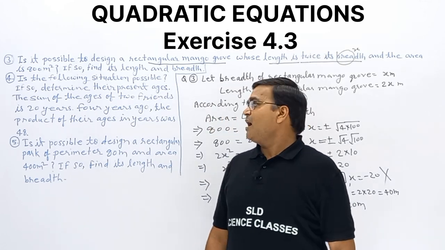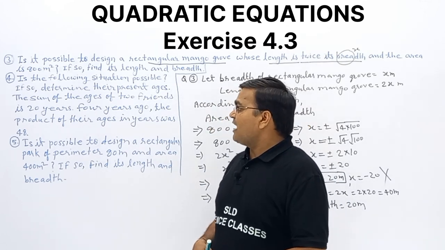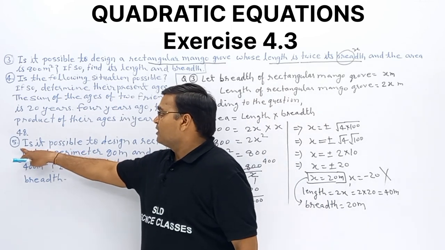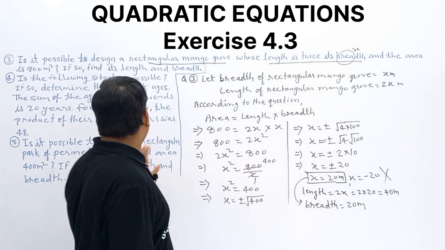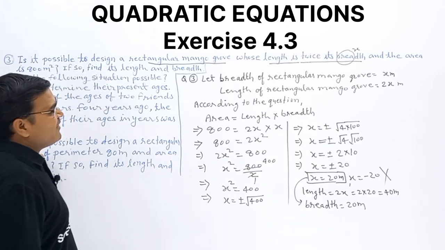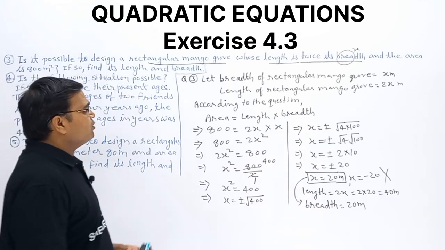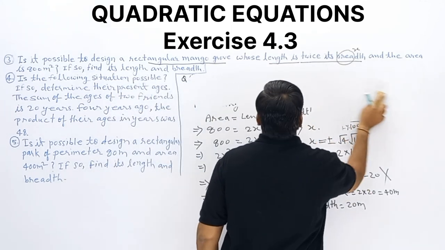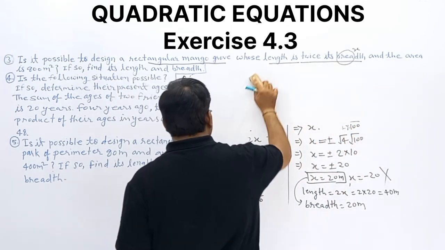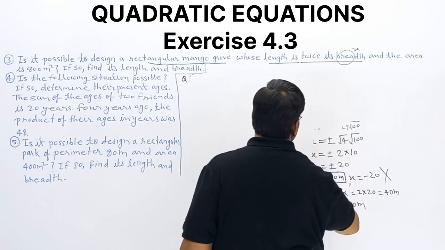Clear? Now I am taking the last question, number 5. Then we will discuss question number 4. Why? Because it is similar to this one, so I am taking the similar question first. Question number 5 I am trying to solve. What is question number 5? Observe carefully. It is similar to question number 3.